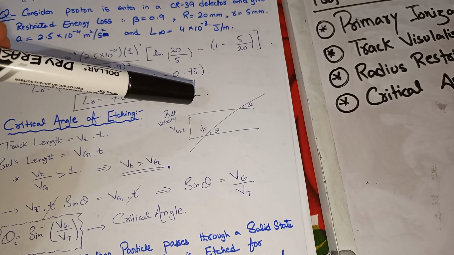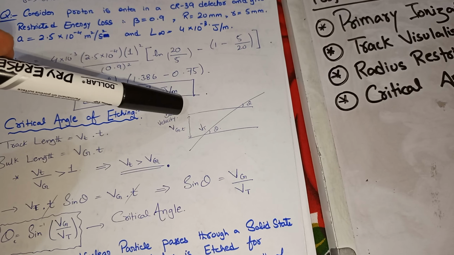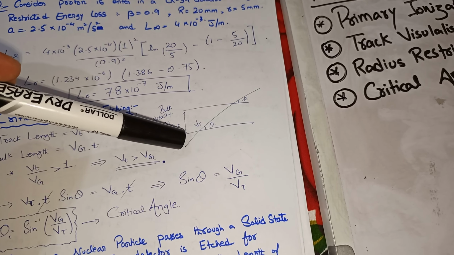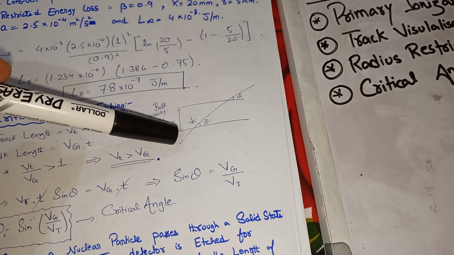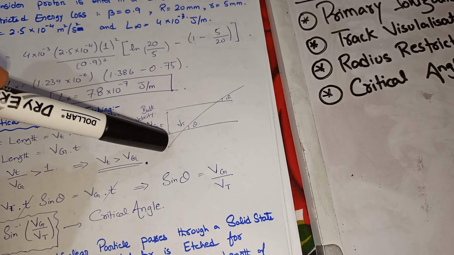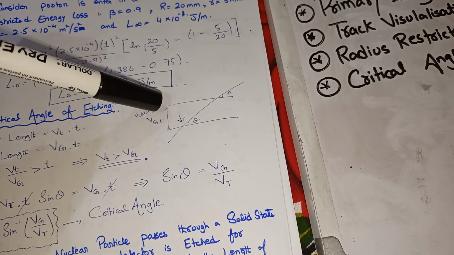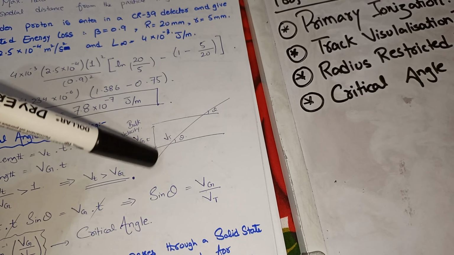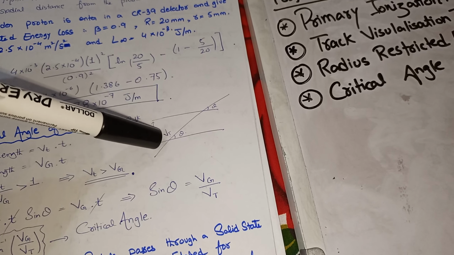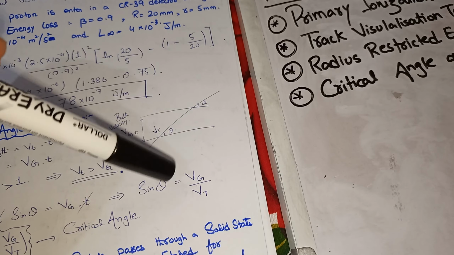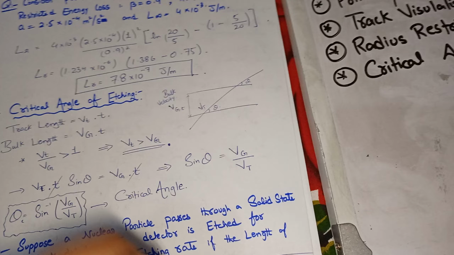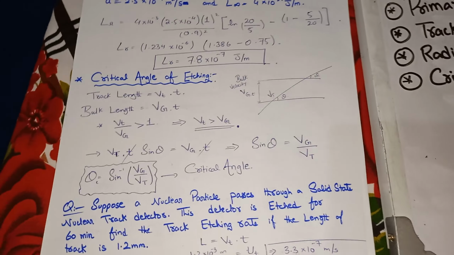This upper line is the original surface of the bulk material, and this lower line is the etched surface after time t of etching. So vg times t is the distance between these two, and theta is the angle made. This is basically what the critical angle is.